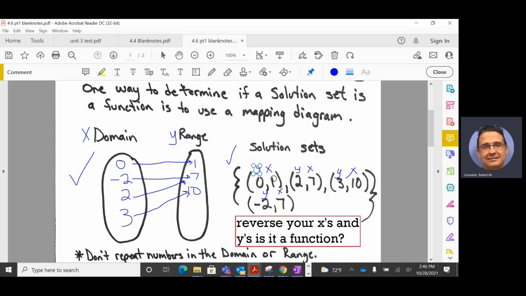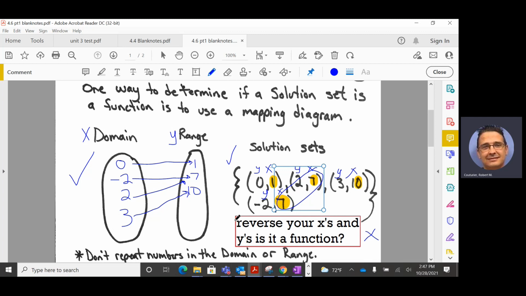So this time we look at the new sets of x's. Are any of them duplicated? Yes. Right here. So now, if they asked you for this particular set, if you reverse them, would this be a function? No, it's definitely not. So be careful.